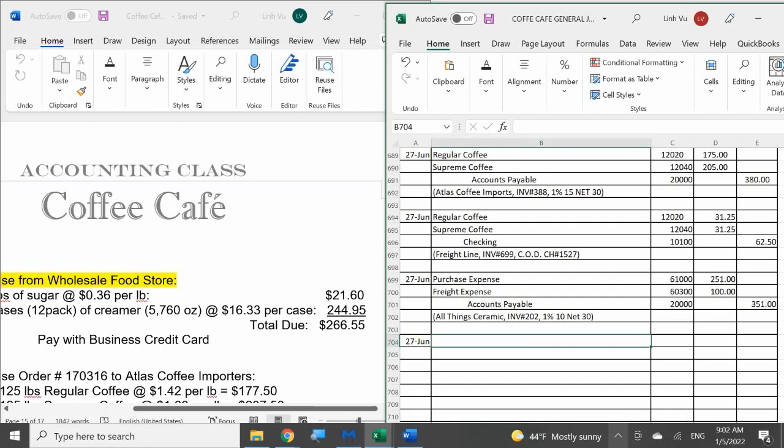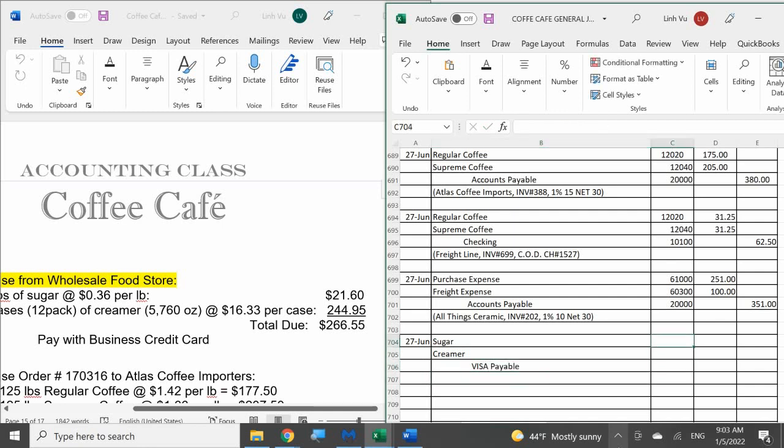So sugar, creamer, and Visa payable. Good. Sugar, creamer, Visa, payable.